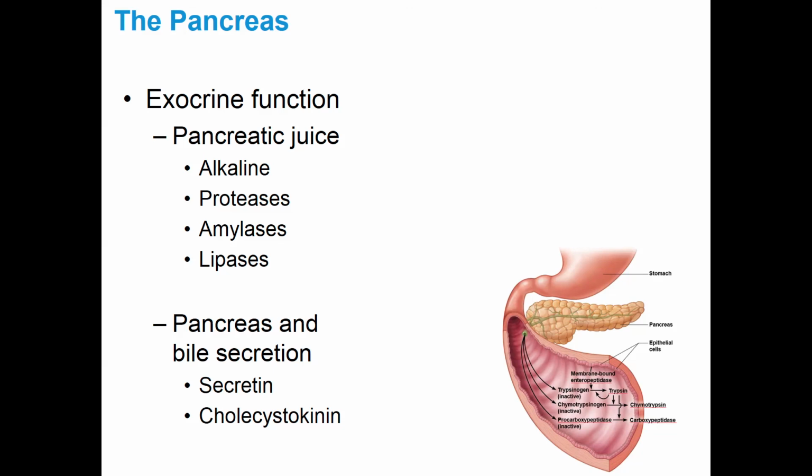And then another hormonal control is secretin, which is also released by the intestinal cells when they're exposed to hydrochloric acid or fatty chyme. So again, because pancreatic juice is alkaline or basic, that exposure to acidic chyme is going to cause the release of secretin, which then stimulates the release of pancreatic juice to help neutralize that.